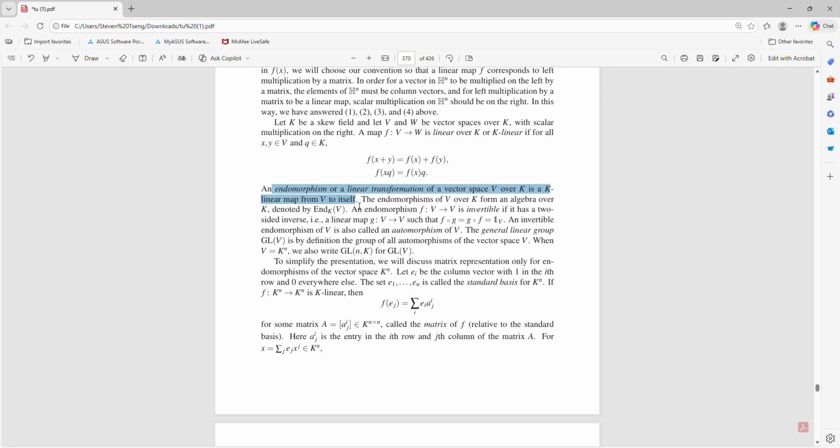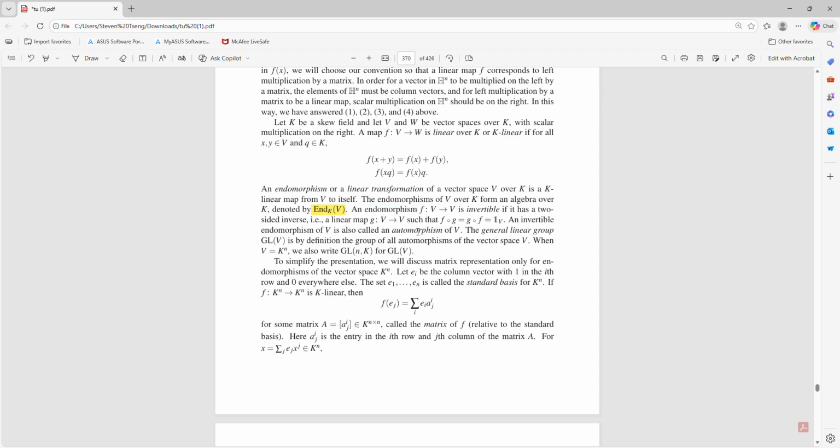Just like in linear algebra, the endomorphisms of V over K form an algebra over K, denoted with this common symbol.